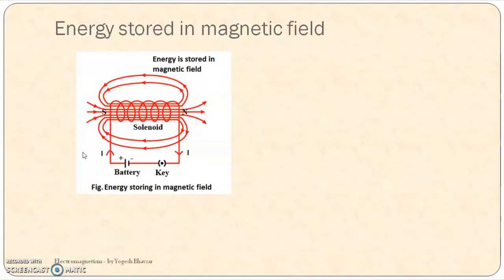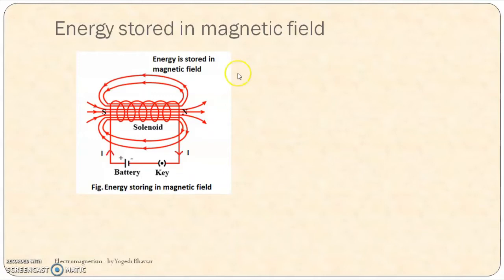Similarly, in the case of the magnetic circuit also, when we give supply, the coil is magnetized. That means the energy is being stored in terms of magnetic field. And as soon as we connect an external load or short circuit the terminals, the energy is still stored in the coil itself.